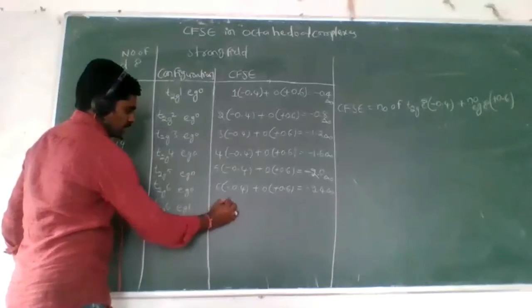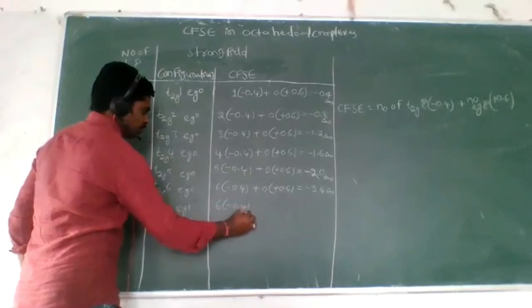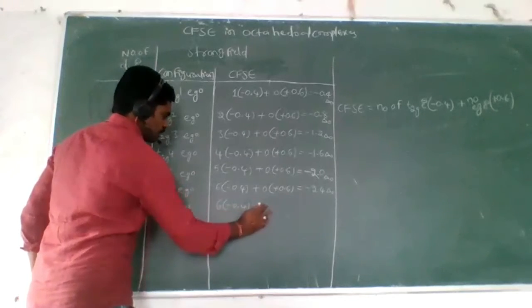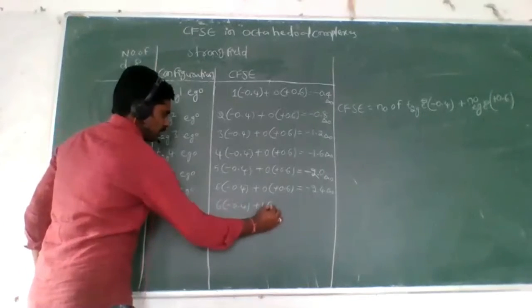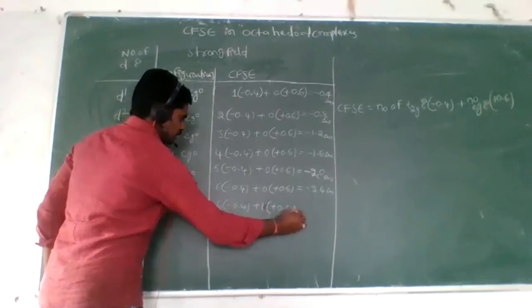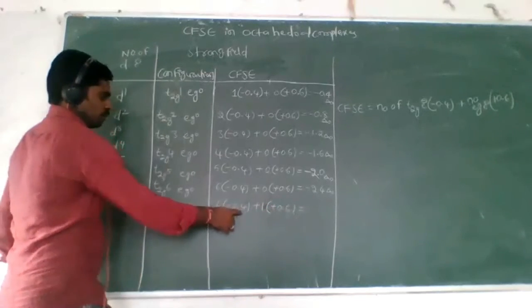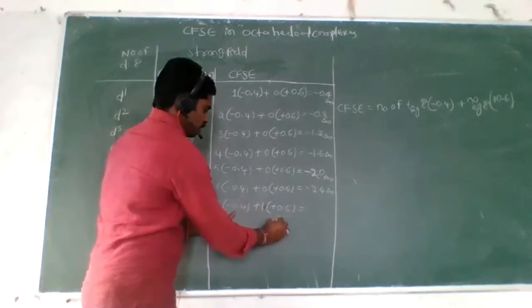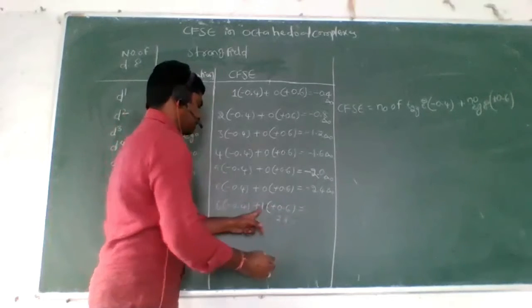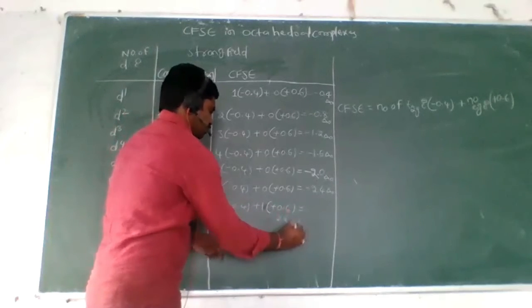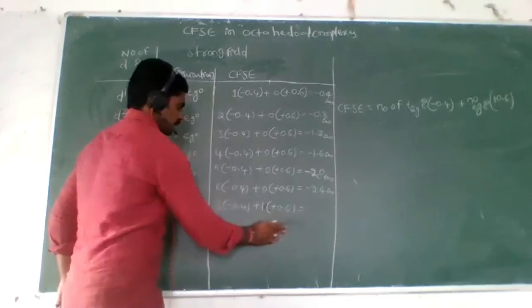So 6 times minus 0.4 plus 1 times plus 0.6, that is 24 minus 6, so minus 1.8 delta naught.